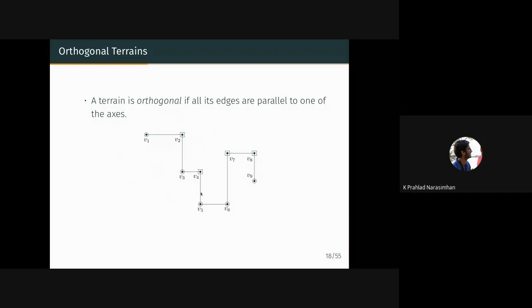This angle is 90 for V5. For V6 also this angle is 90, even though it looks slightly different than V5. V3 and V5 look fairly similar, but V6 and V5, even though they look different, still have 90 above the terrain. And the ones I've marked with boxes, V2, V4, V7, and V8, all of them have 270 degrees, right?